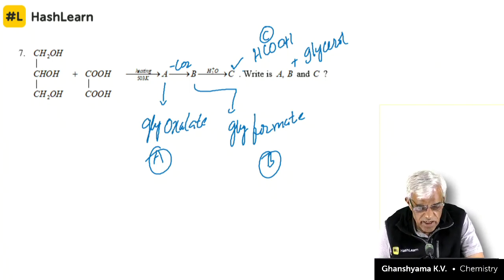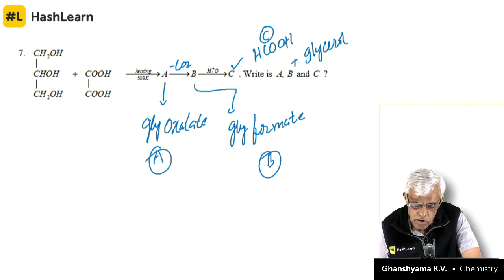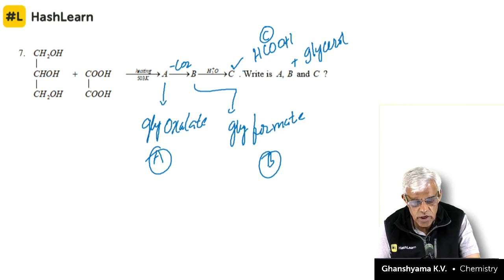This is a laboratory method for the preparation of formic acid or methanoic acid. So A is glyceryl oxalate, B is glyceryl formate, C is formic acid, and you get back glycerol.